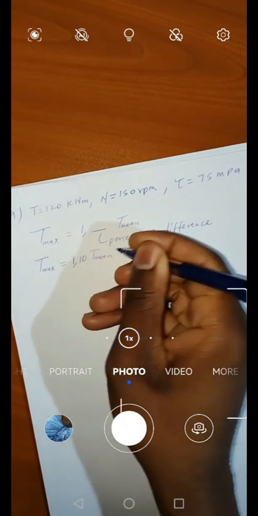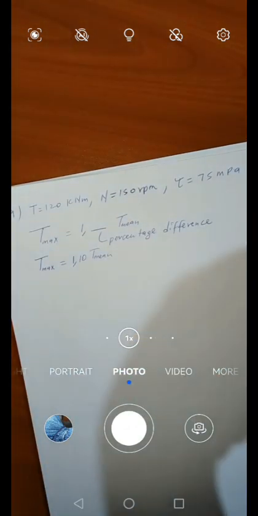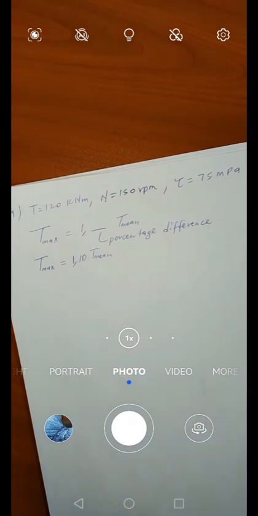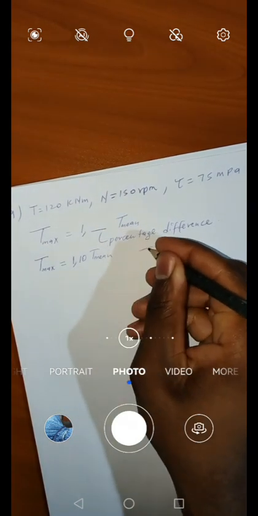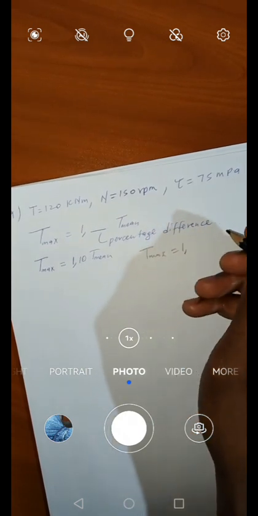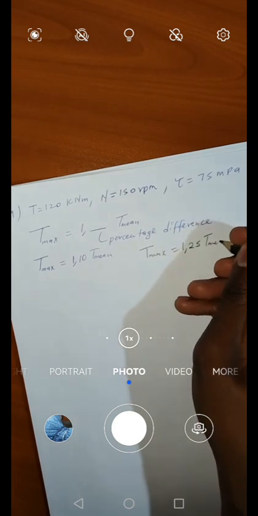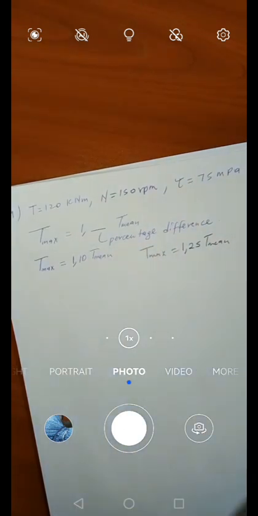So if they differ by 25%, you write 25 here. Then your T max will be equal to 1.25 of T mean, and so forth.